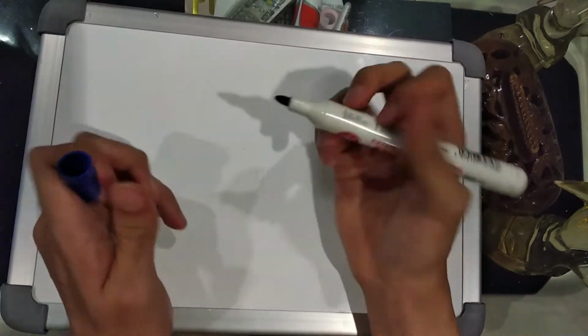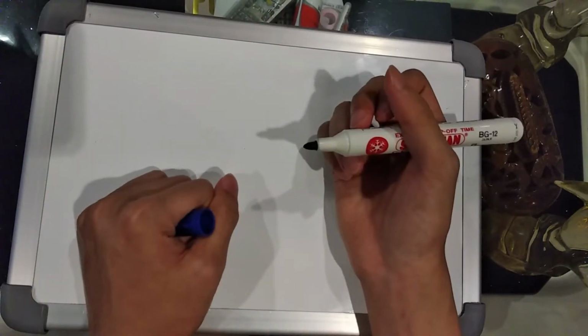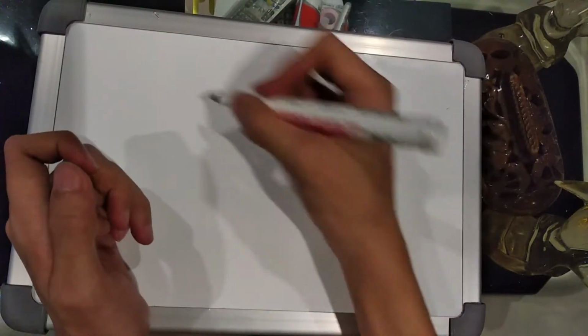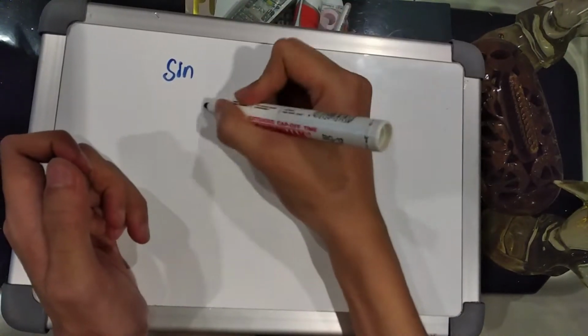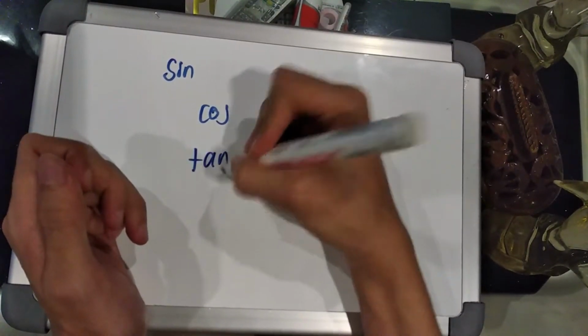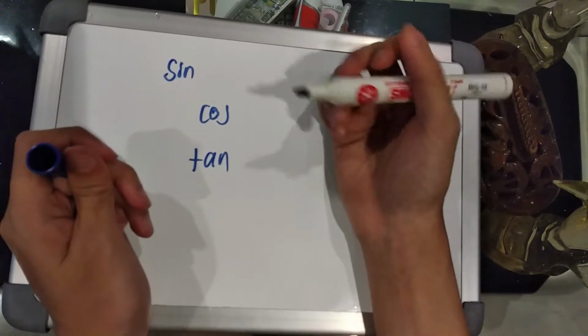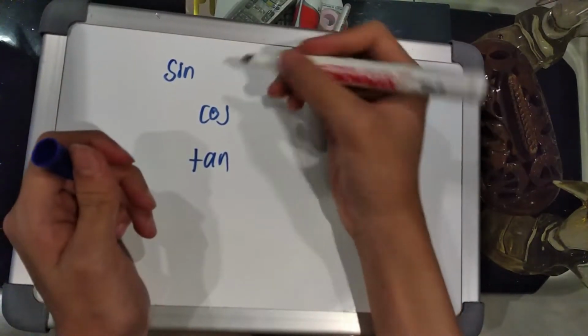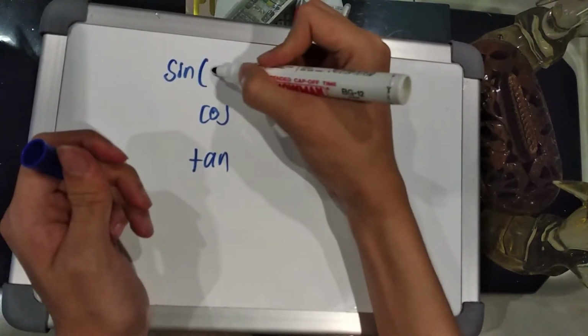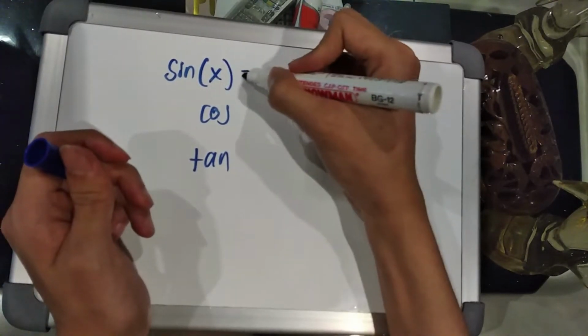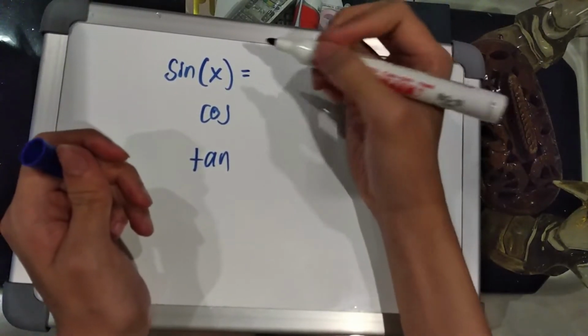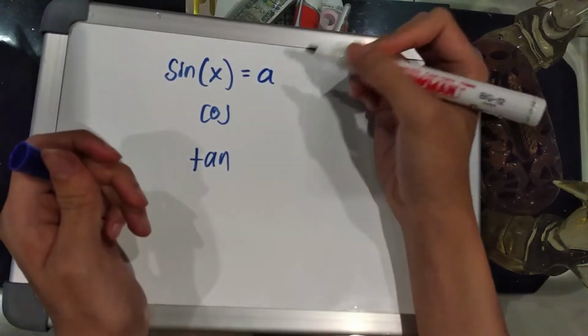You think back to your previous classes, where they taught you sines and cosines and tangents. What are they anyway? Well, you put an angle in them, say x, and it gives you a value, say a, for any number.